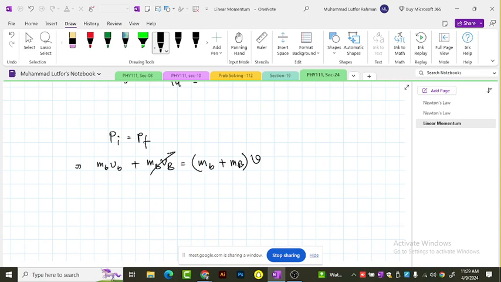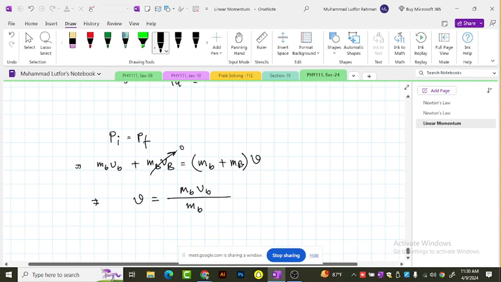Now this is 0 because the block is initially at rest. Then we can find this v, divided by mb plus mB, that's the velocity. Now you can plug it in over there.